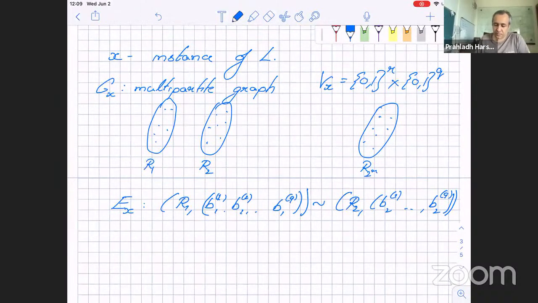Okay. Can I write this for adaptive? One second. I think I can write it for adaptive. So when will I put an edge? If the following 2 conditions are met.